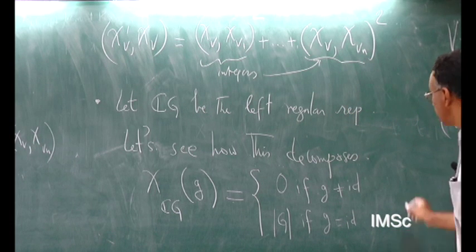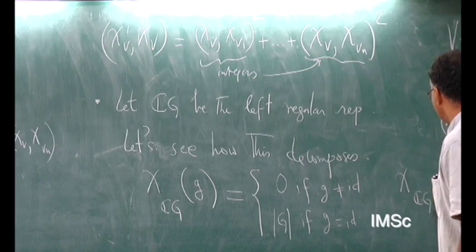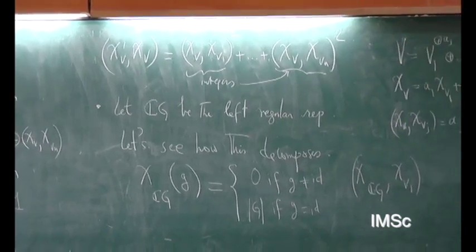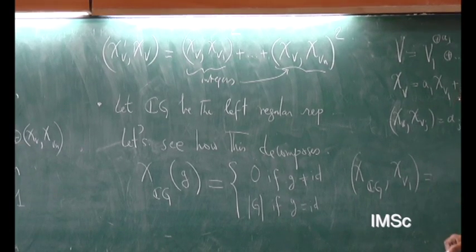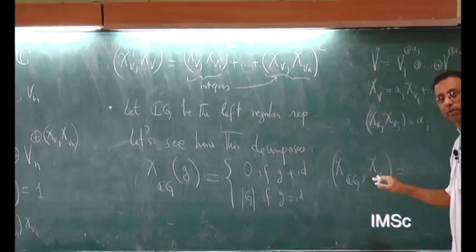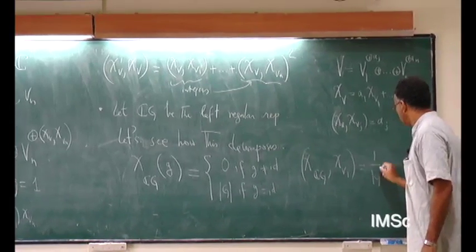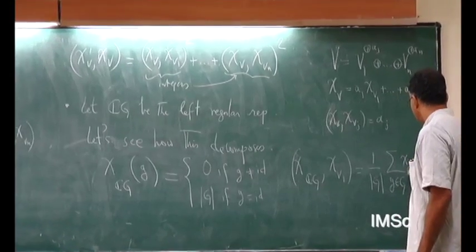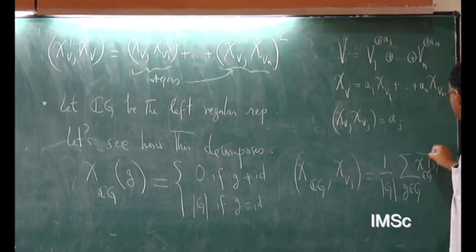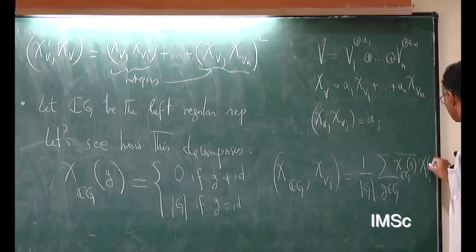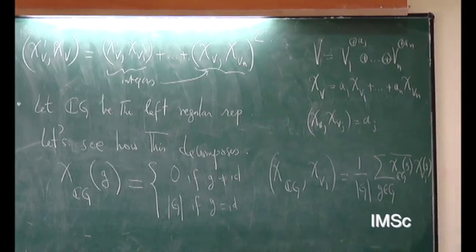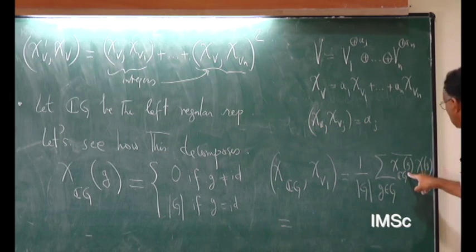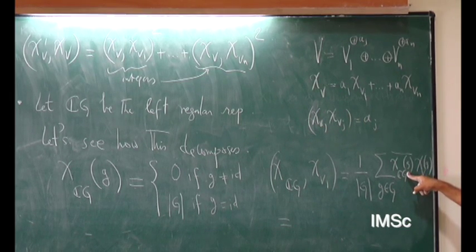Okay. Now let us do the inner product of chi of CG with chi V1, from the definition. So, this is 0 except when G equals identity.